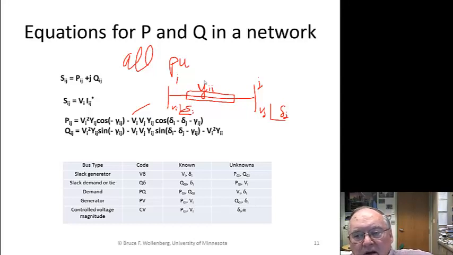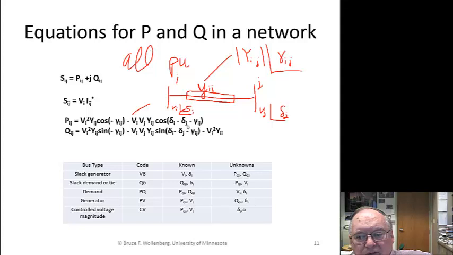And YIJ is equal to a magnitude and an angle. It's a complex number, so we can make it into polar form, and we're going to call that angle gamma IJ.